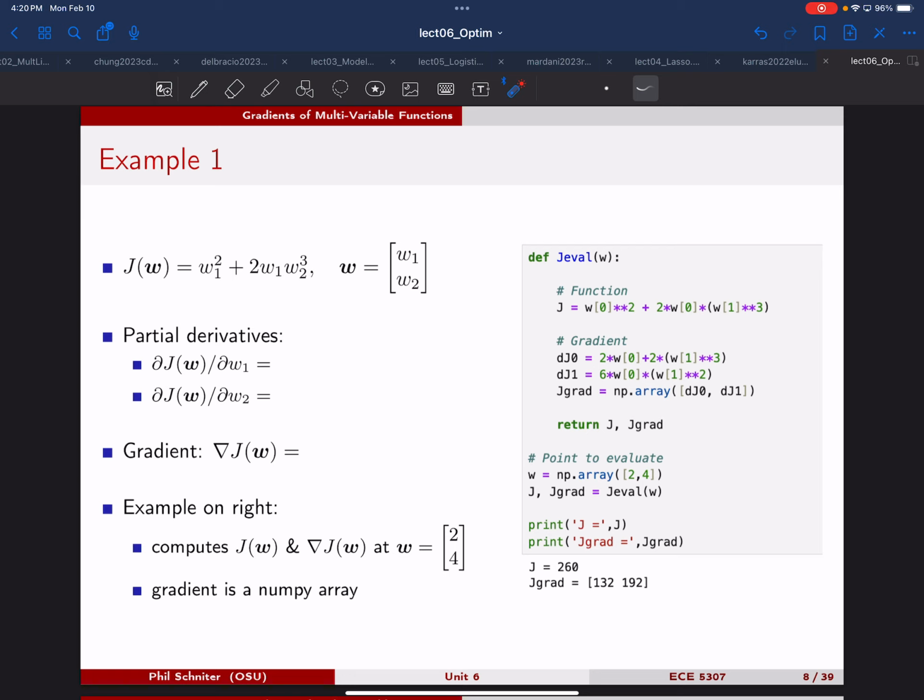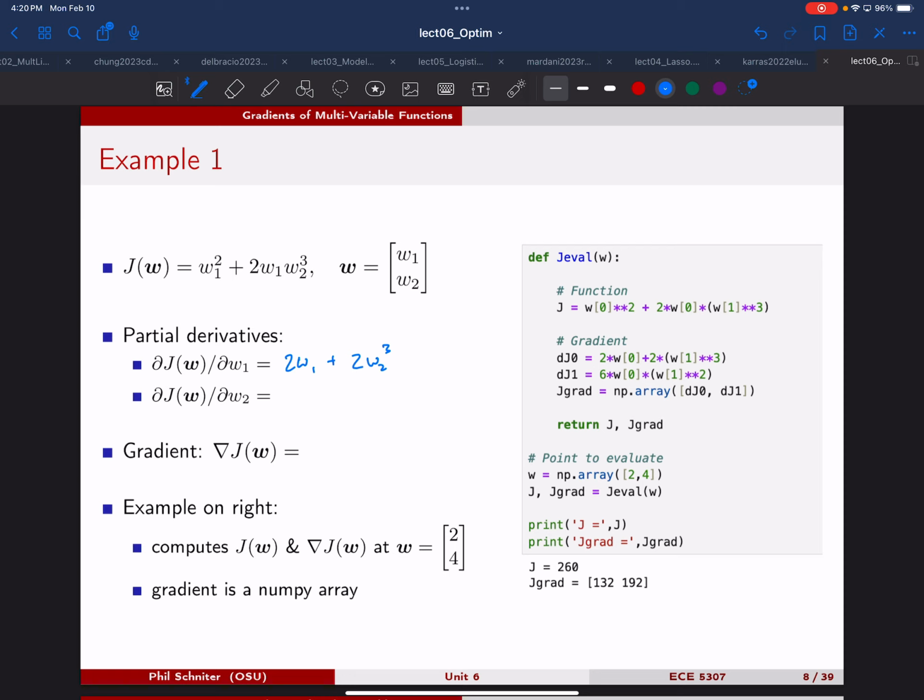So how do we do this first one? It would just be W2 cubed, right? Oh, wait, no. Right, just 2 W2 cubed. Exactly.